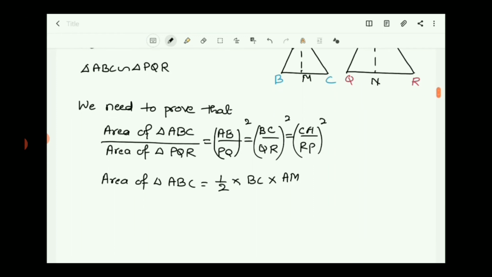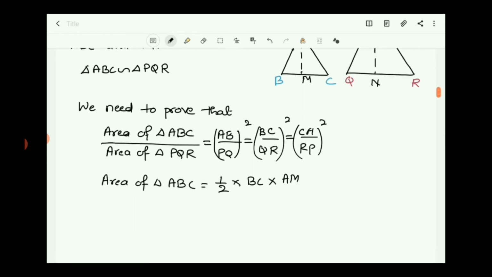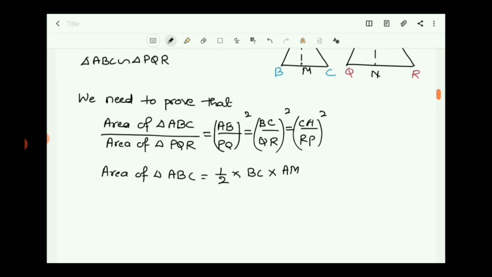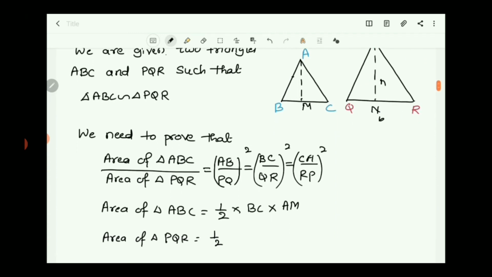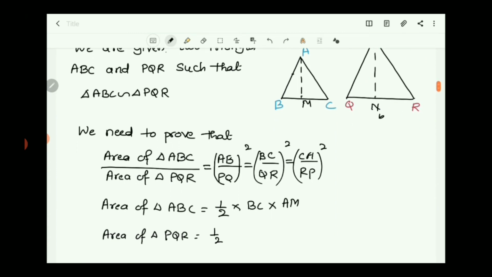Next, for triangle PQR, area of triangle PQR is again half into B into H. Here B is QR, H is PN. So you take that.